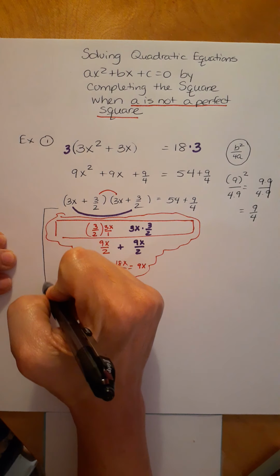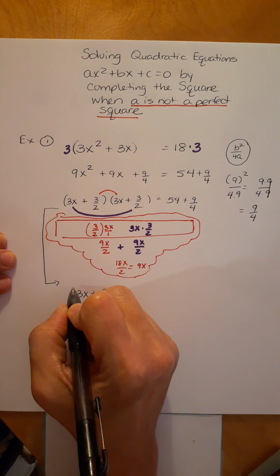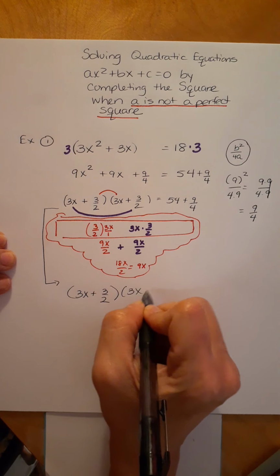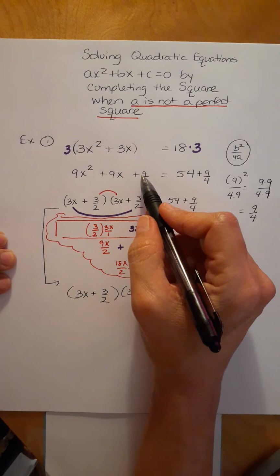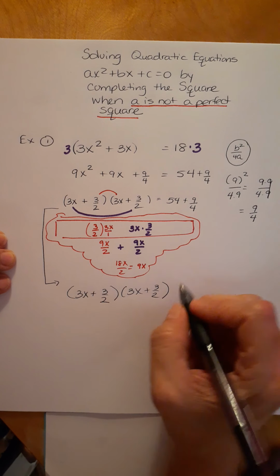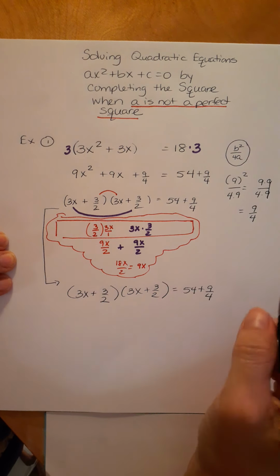So I'm going to come down here and write 3x plus 3 over 2 squared, and that was actually adding 9 over 4, so what I do to one side, I have to do to the other, equals 54 plus 9 over 4.